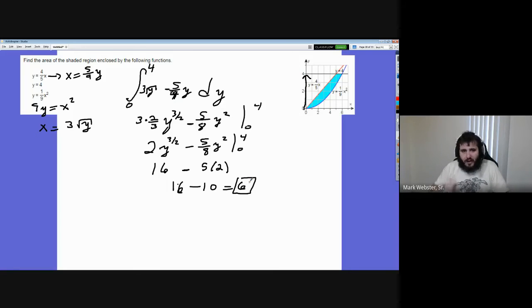Or do you want to have one integral, make it easier that way, but then you have to change the variables? It really depends on which one you feel more comfortable doing, but you're going to get the same answer either way you do it. So don't be afraid to have a preference. Don't be afraid to say, you know what, I don't like doing it this way, I would much rather do it this way. And it will help you.